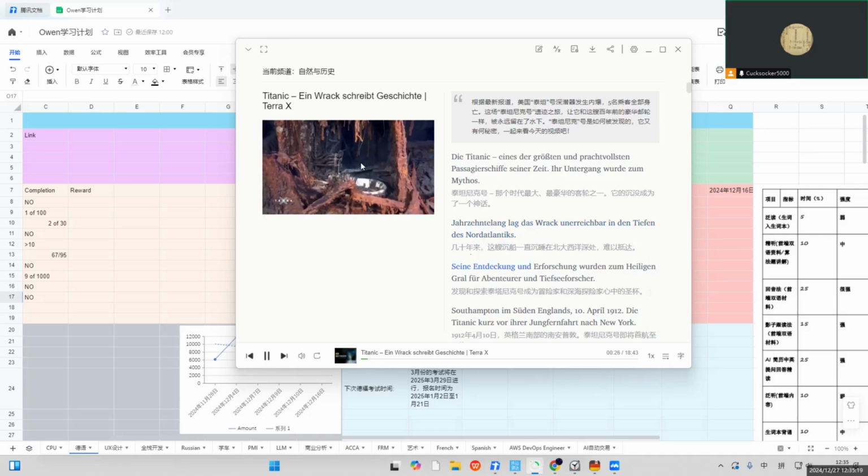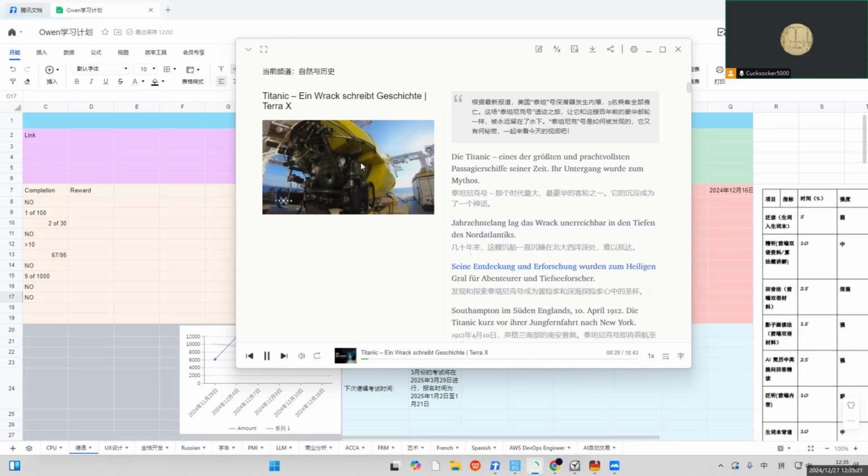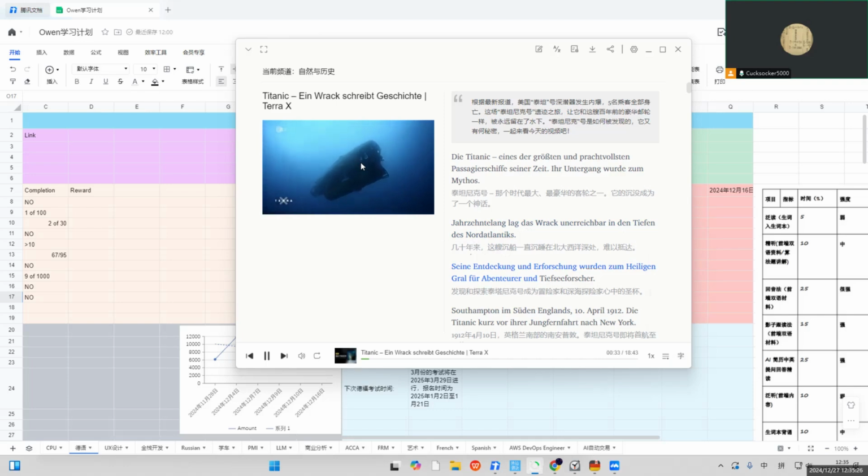All right, next sentence. Seine Entdeckung und Erforschung wurden zum heiligen Gral für Abenteurer und Tiefseeforscher. All right, it's researchers and adventurers from all ports pouring in to research this ship. Okay, I guess I understand like 50%, because the Heiligen Gral is something I didn't understand.